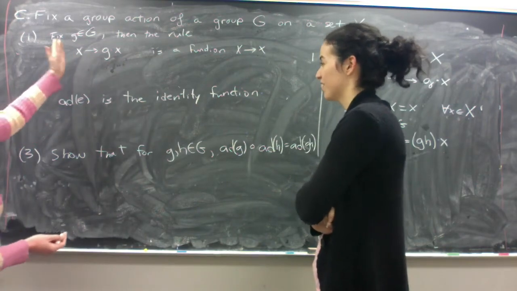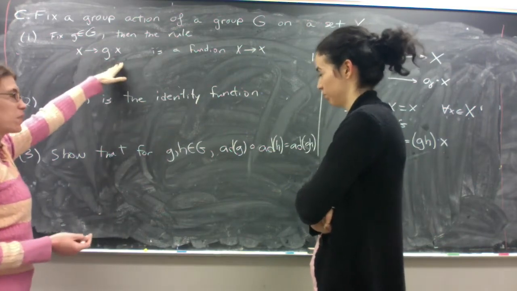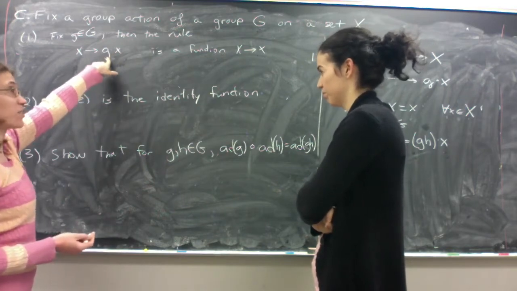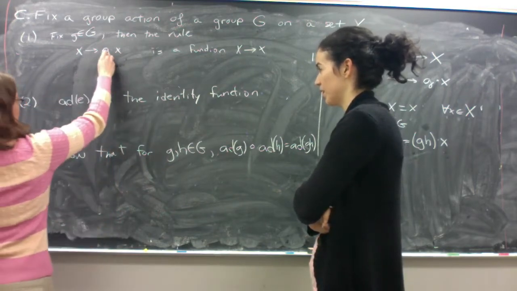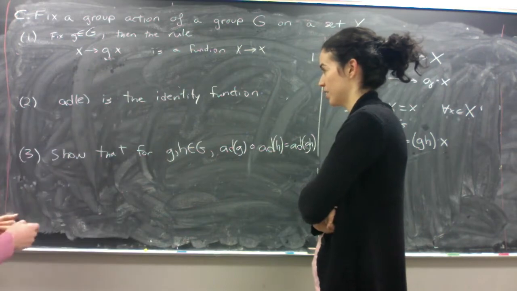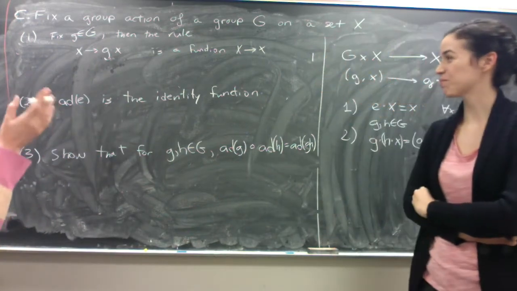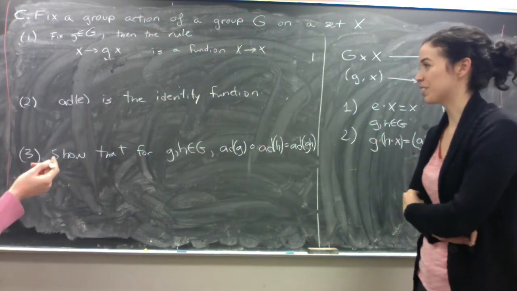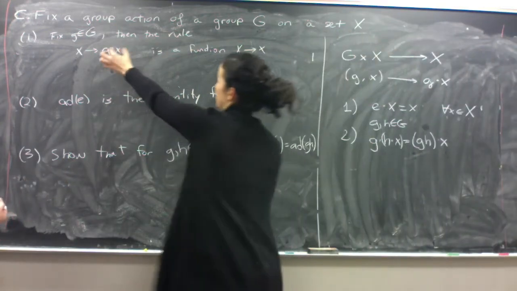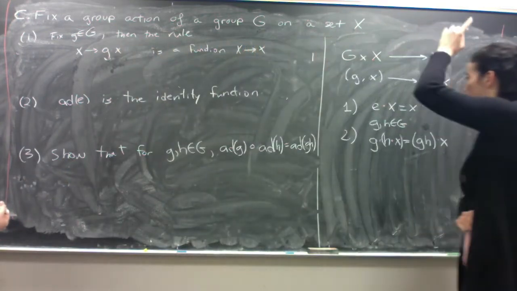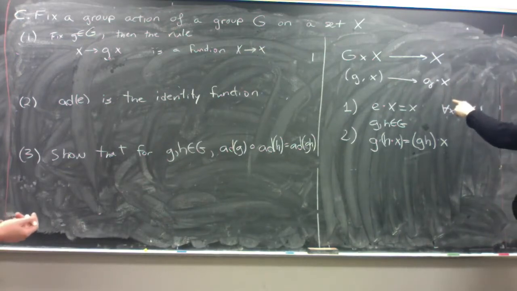Here, X is just a single thing, so it can only map to a single thing, and this is the single thing it maps to. So I think we don't need to care. All functions are well-defined functions. So the only thing we needed to show is that this is an element of X, which was because of the definition of group action.